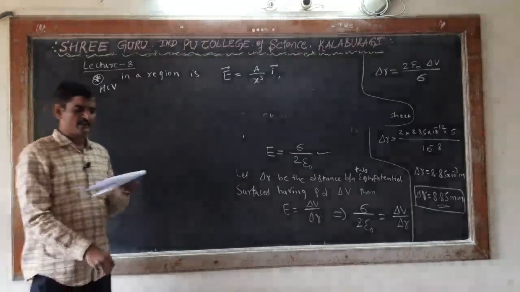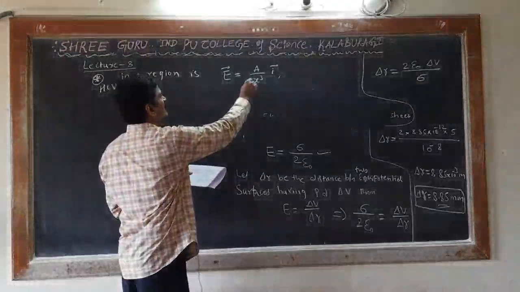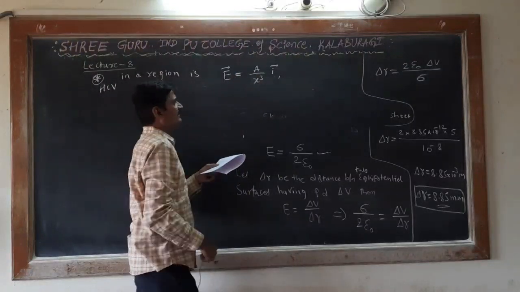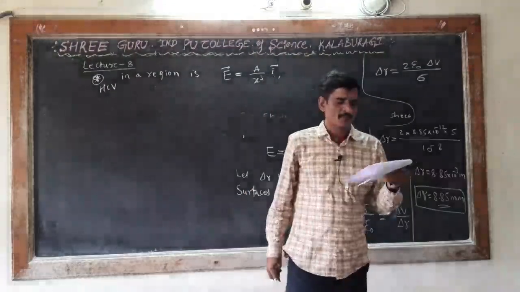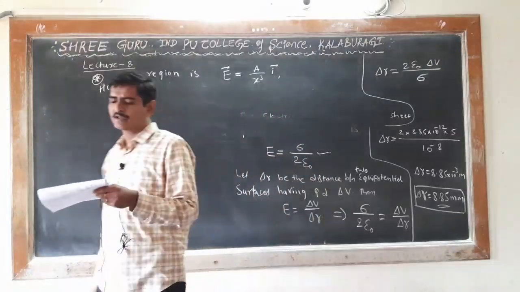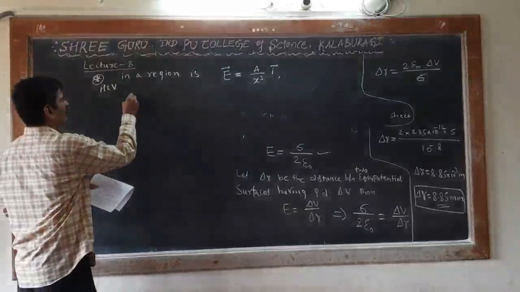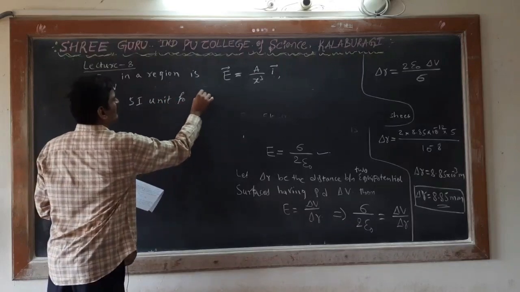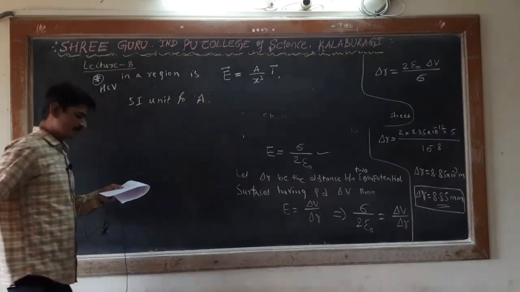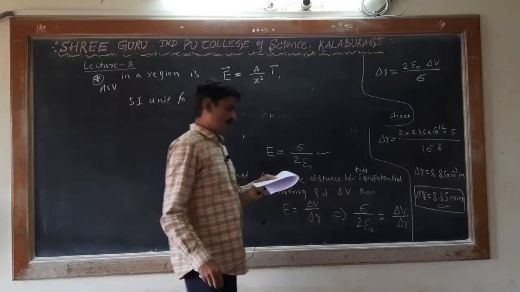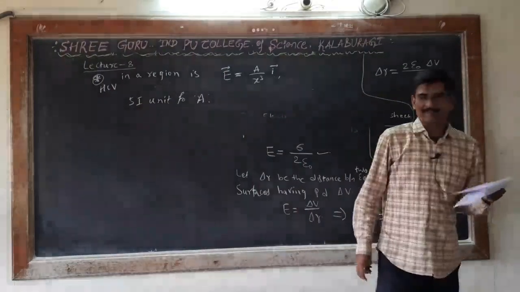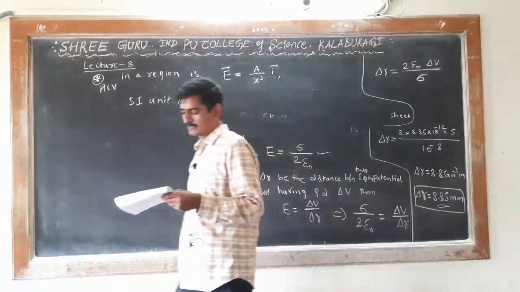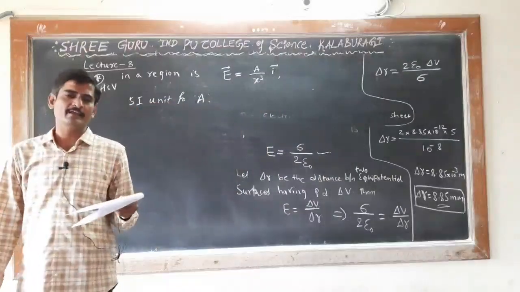The electric field in a region is given by vector E is equal to A divided by x cube vector I. Come on. Write a suitable SI unit for A. Write a suitable SI unit for capital A. Write a suitable SI unit for capital A. Write a suitable SI unit for capital A. Cube list of.